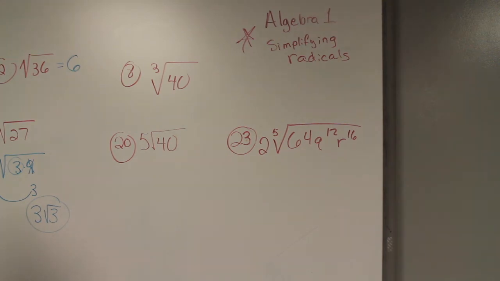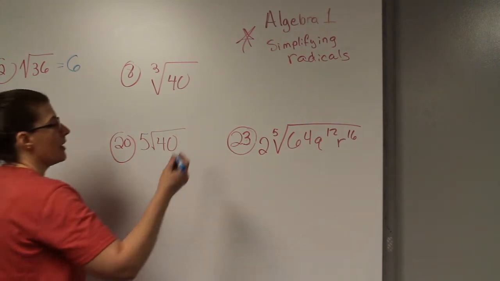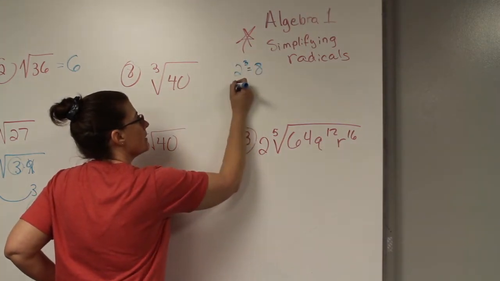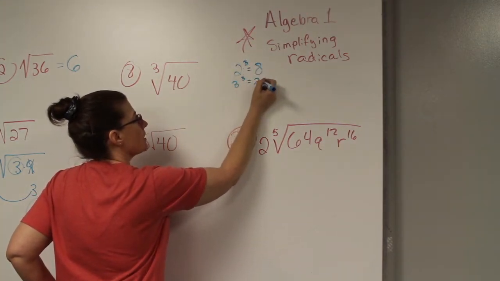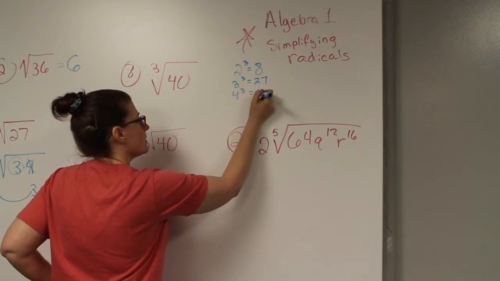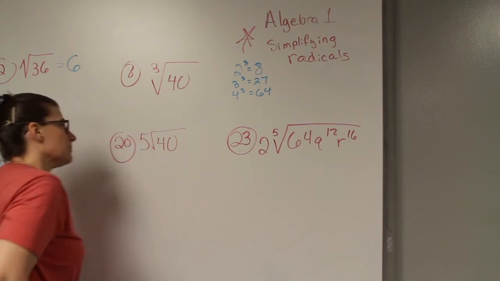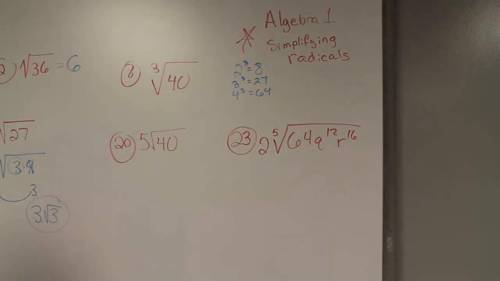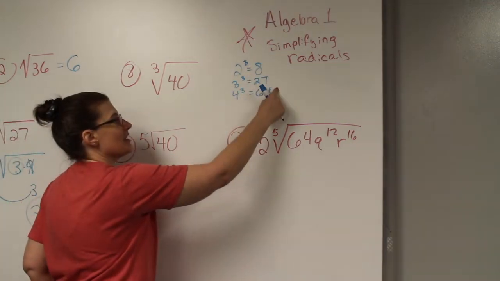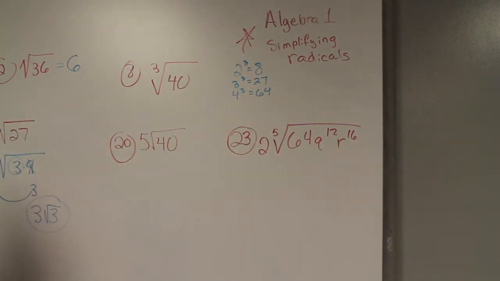So this is a cube root of 40. I'm familiar with a few of the cubes. If I write a list of cubes, 2 cubed is 8, 3 cubed is 27, and 4 cubed is 64, I think. So right off the bat, if I want to break this down into a multiple, I need to see if any of these numbers are going to go in there so that I can pull a root out.